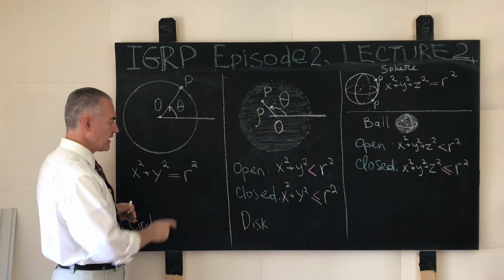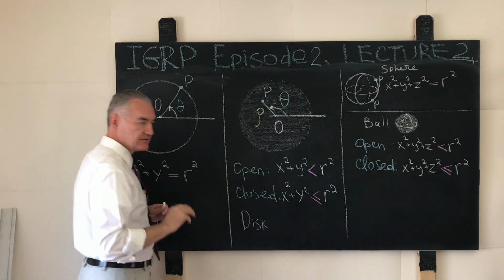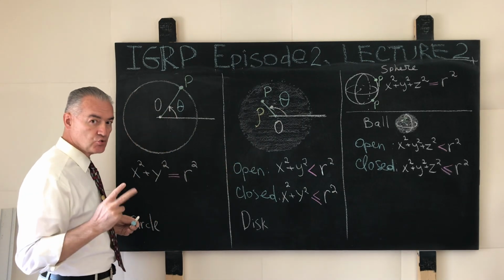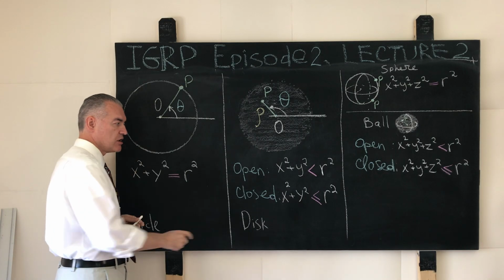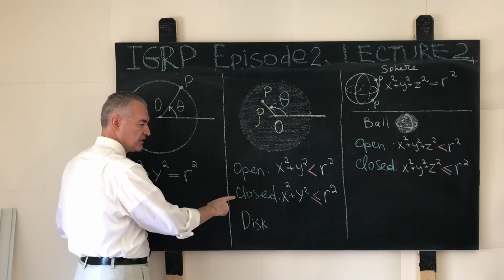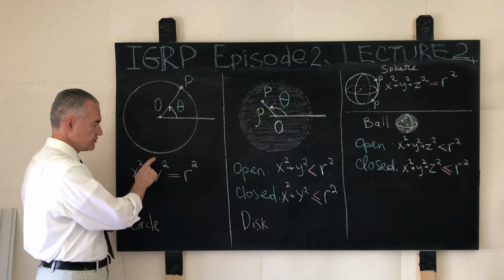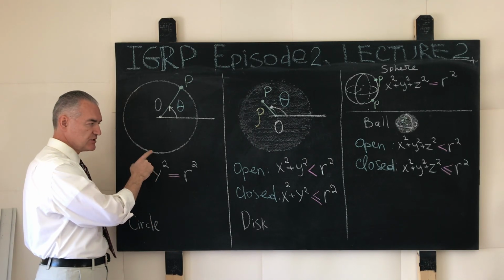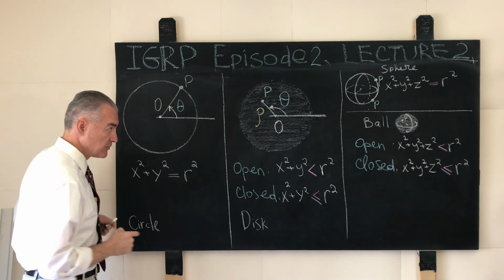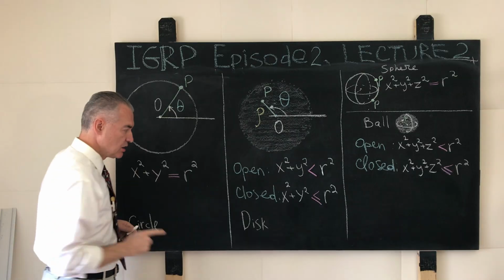That means that unlike a circle, a disk, well, it can come in many different flavors, but two very popular, but not the only flavors of a disk are an open disk and a closed disk. You see, in general, in grown-up mathematics, we will not say that a circle is open or closed. A circle is just that, a circle. But a disk can be open and it can be closed.